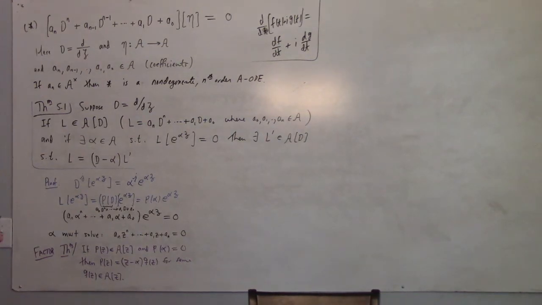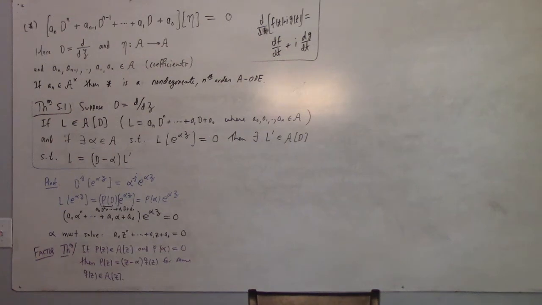Okay, so if f of c equals 0, then x minus c is a factor? If f of c equals 0 for a polynomial f, then x minus c is a factor of the polynomial. Is that true for polynomials over an algebra? If it is true, then x minus c is a factor.